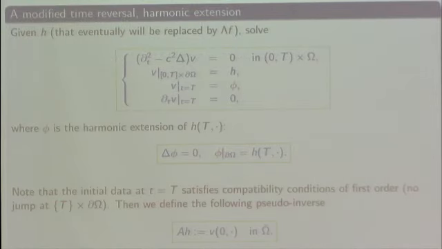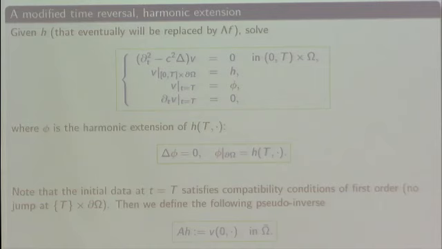Okay, so I motivated a different time reversal. So the idea is to use the fact that the equation is invariant under the map sending t to minus t.